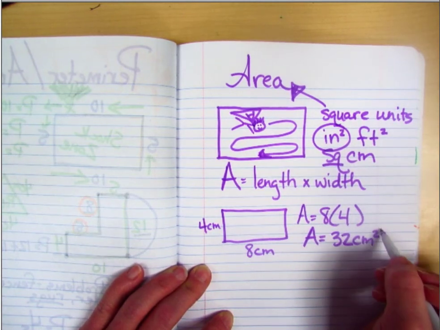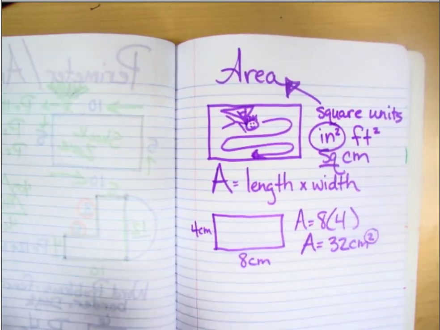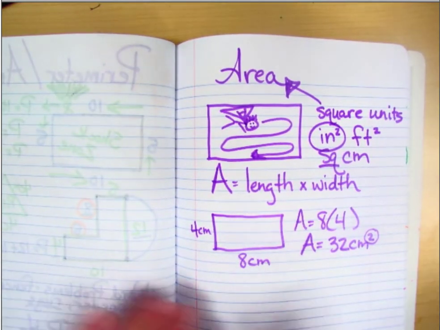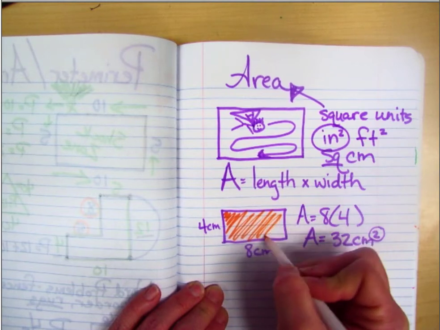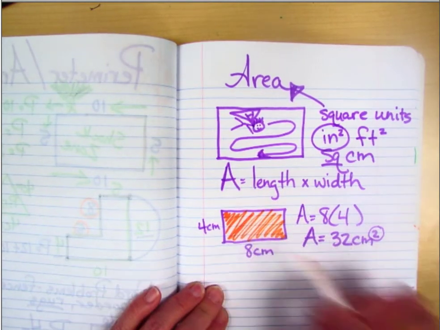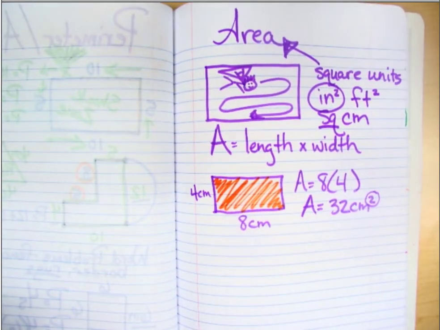So you're going to have this little exponent 2 here to show square units. And again, when you're doing this, you're counting all the inside. This is the space that we're counting, not the purple line on the outside like perimeter, but the inside space.